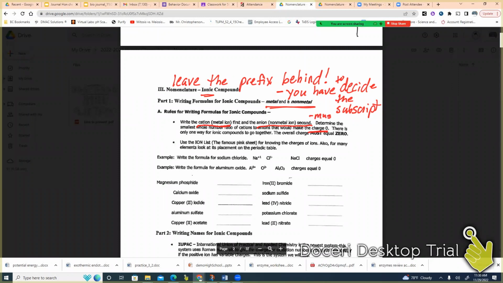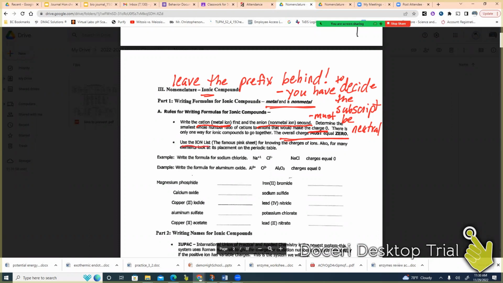That means that it must be neutral. There is only one way for ionic compounds to go together. That's why we do not need prefixes. And if you do it correctly, then you should have a neutral compound when you put them together. That's not true for covalent compounds. I could have CO, carbon monoxide, CO2, carbon dioxide, but with ionics, they only are put together one way.